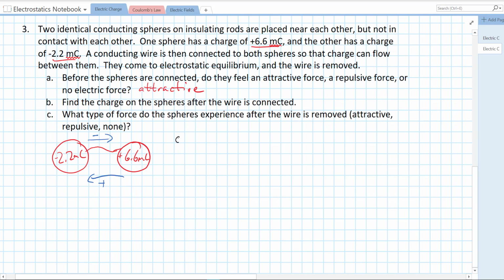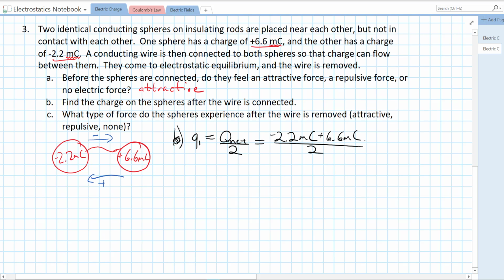So for part B, if the charge spreads itself out evenly, then we know that the charge on one sphere, which I'm going to call Q sub 1, is equal to the net charge over 2. The total charge is divided evenly between the two. So let's find our net charge. Net charge is just what you get when you add up the charges: minus 2.2 millicoulombs plus 6.6 millicoulombs.